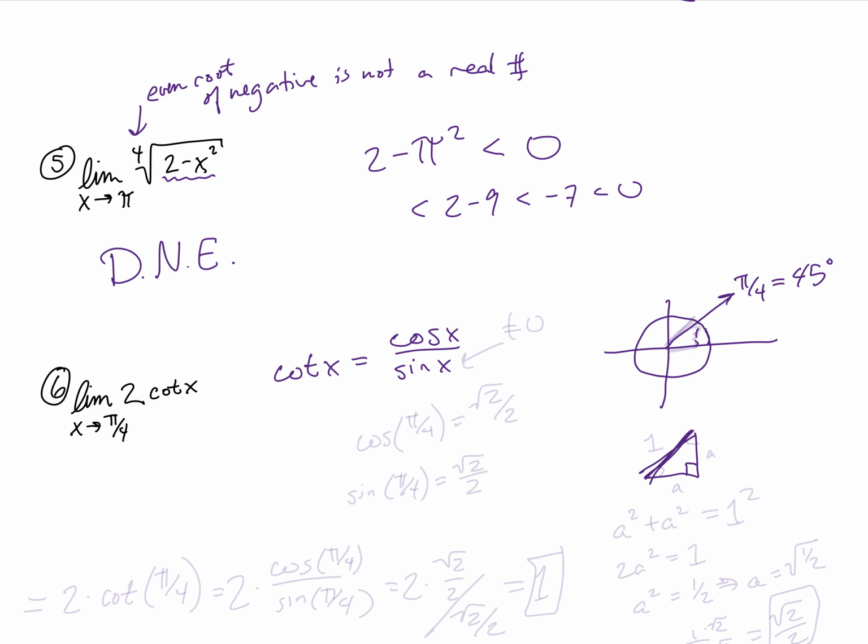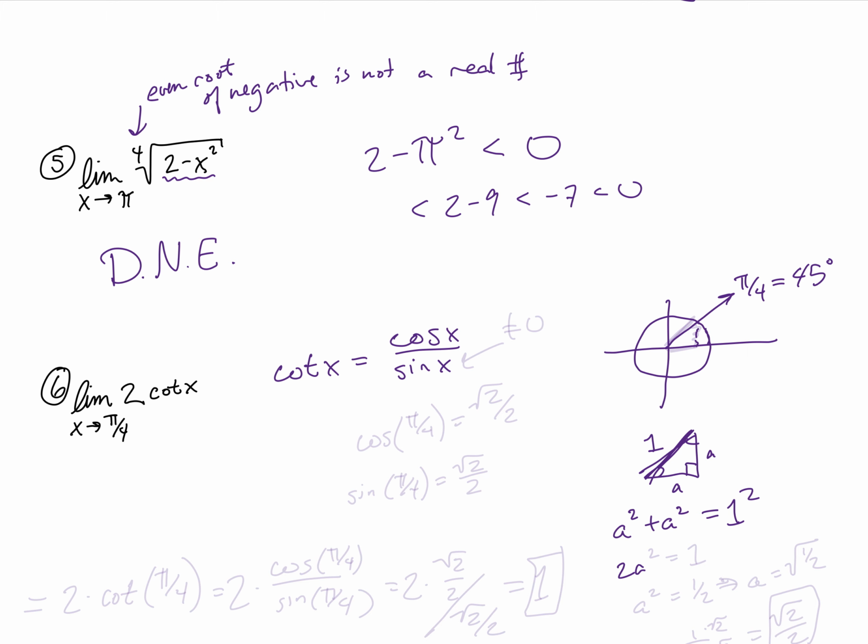So it's 90, 45, 45. Those two angles are equal to each other. So we've got a side length of 1 here, and then 2 equal side lengths. Let's call them both a. We know by the Pythagorean theorem that a squared plus a squared is equal to 1 squared.